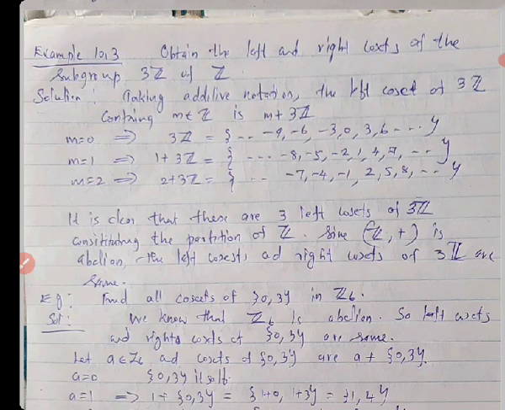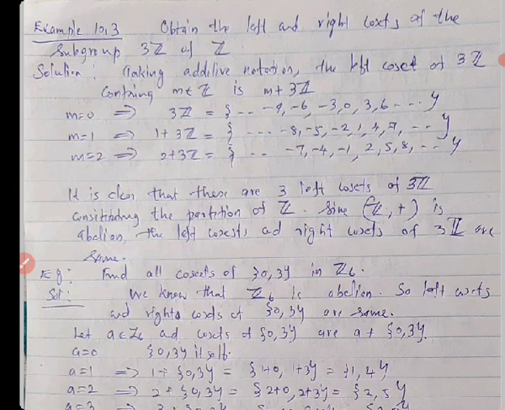So these are the partitions, and we need only the partitions. These are the cosets that constitute the partition of Z. The next one will be the same as m equal to 0. So these are the only cosets of 3Z which constitute the partition of Z.